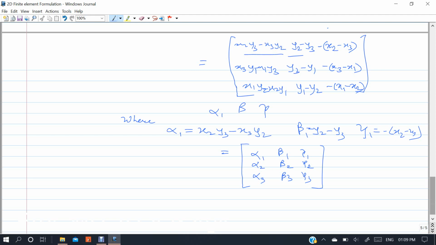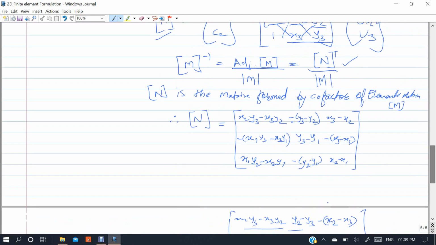Now in the first equation, suppose this is equation number 1.